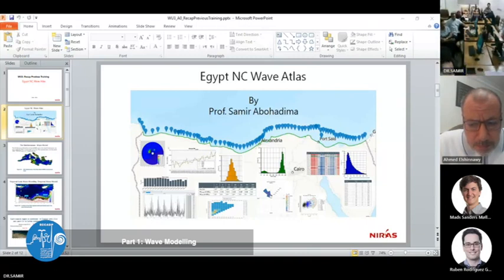This is a sample output for the wave energy. This is a plot for wave energy. At the 80 points, you can select which point you like.